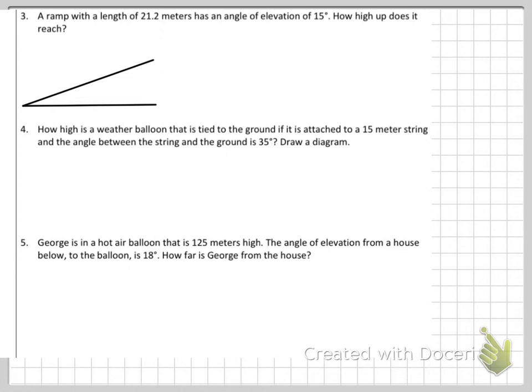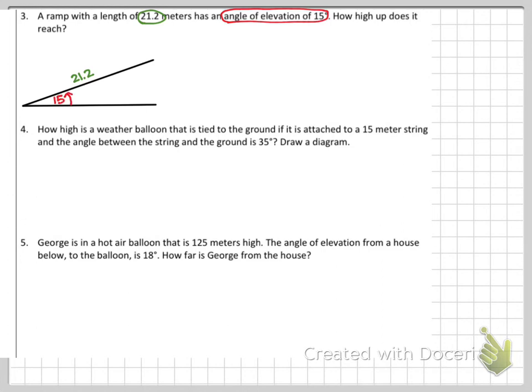So the ramp with a length of 21.2, that's going to go right there since that's our ramp. It has an angle of elevation of 15 degrees. Remember, angle of elevation is looking up or going up. So from the ground up, that's going to be our 15 degrees.